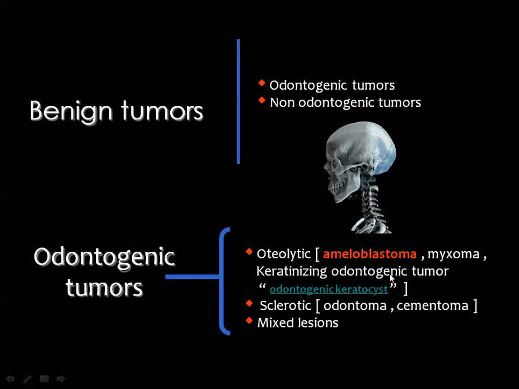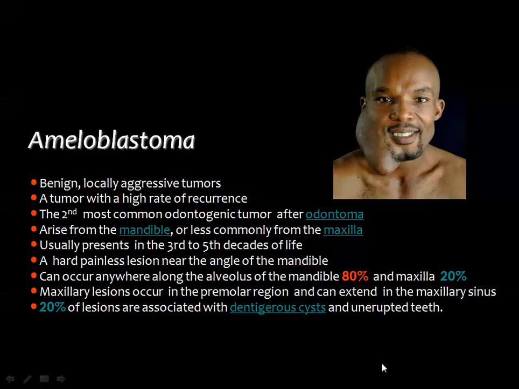The ameloblastoma is a benign lesion, but it is a locally aggressive tumor. Whenever it is excised, it should be removed with a safety margin because of the known high rate of local recurrence. This tumor is considered the second most common odontogenic tumor after the odontoma.